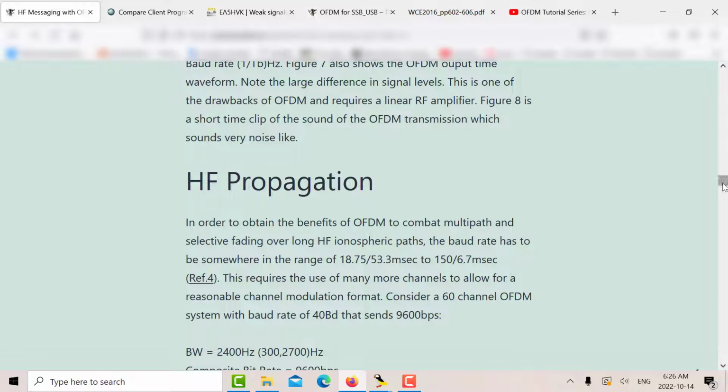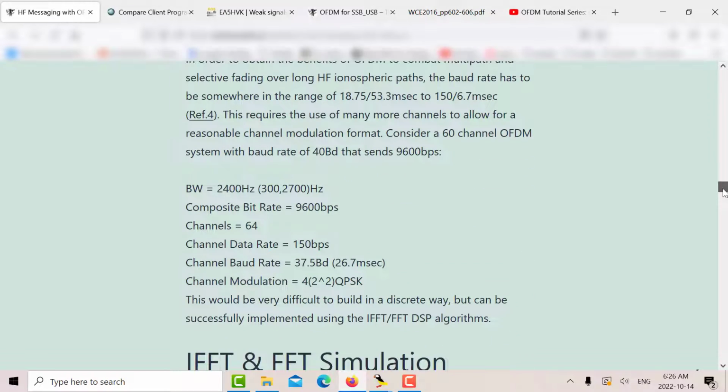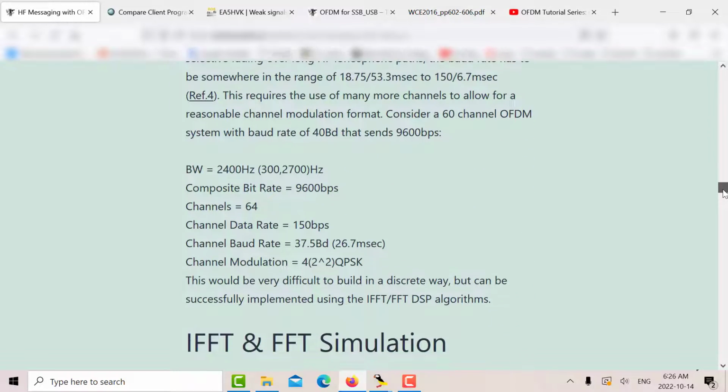There's a little bit on HF propagation again. Here what I'm doing is coming up with a theoretical OFDM messaging model. When we look at the VARA modem in later posts, we're going to see that I think it has 52 channels.